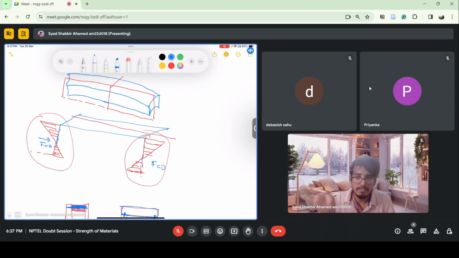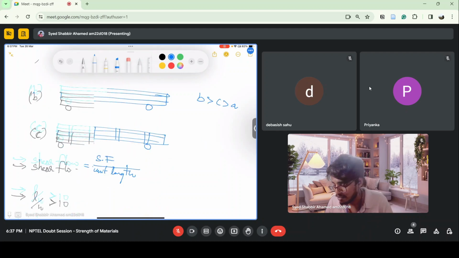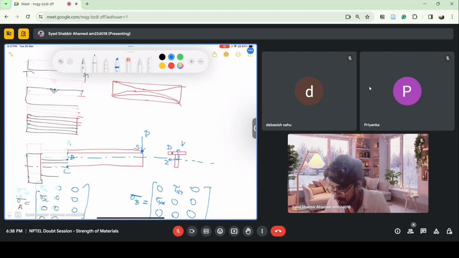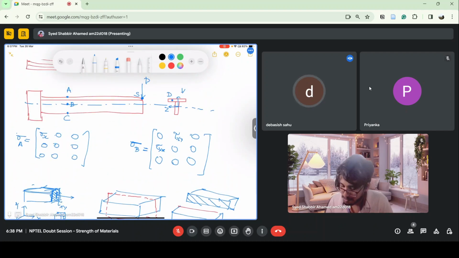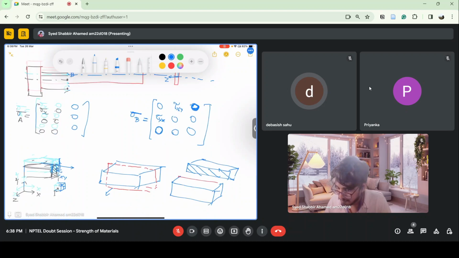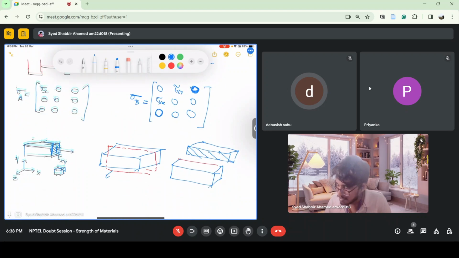So if I cut a section in the z direction, there will be no requirement of any resistance because the net force is already zero. So there is no shear stress developed. That's why we are taking tau zx and tau xz as zero.